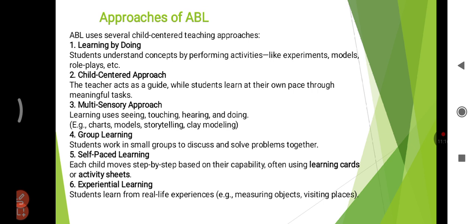ABL is one of the learner centered methods. The approaches are learning by doing, child centered approach, multisensory approach, group learning, self-based learning, and experimental learning. These are the approaches of ABL method.